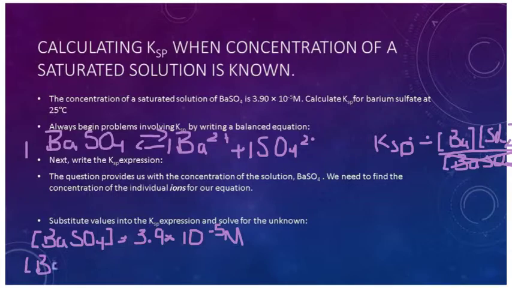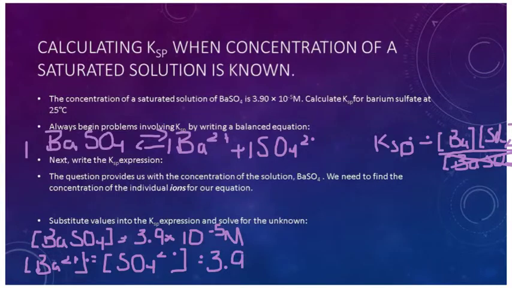The concentration of the Ba2+ is the same thing as the concentration of the SO4 2-, which is 3.9 times 10 to the negative 5.